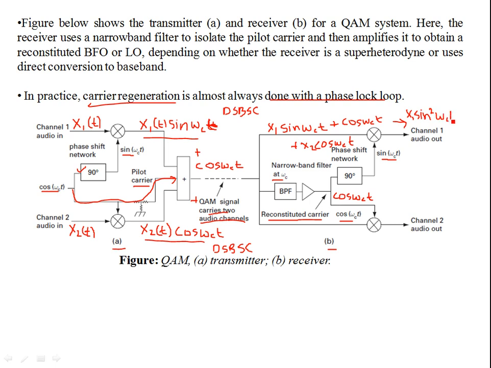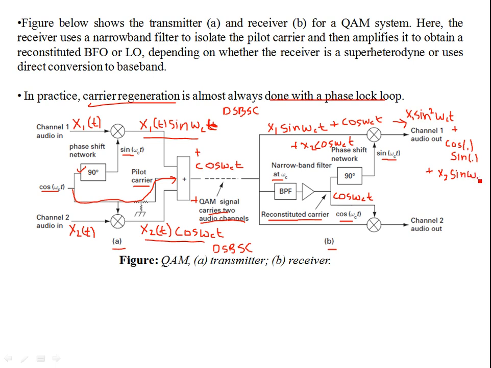And then I have another term, plus cosine omega ct multiplied by sine omega ct. And then I have the third DSBSC signal, that is x2 sine omega ct cosine omega ct.